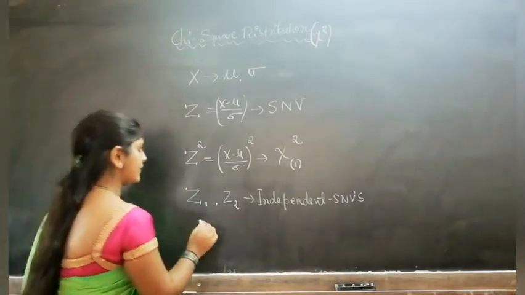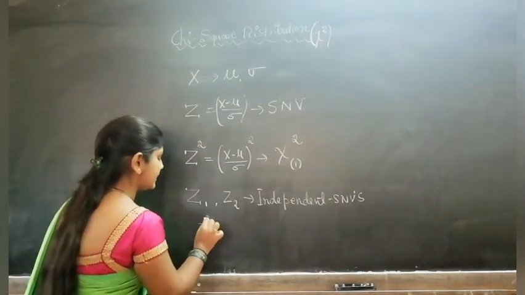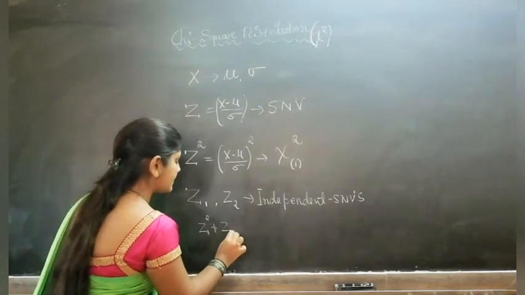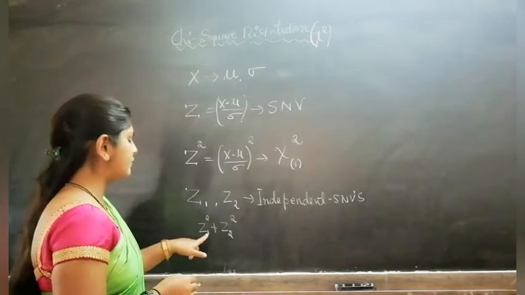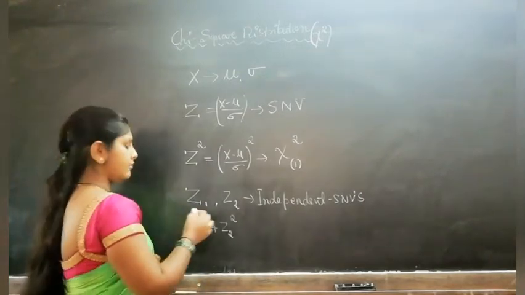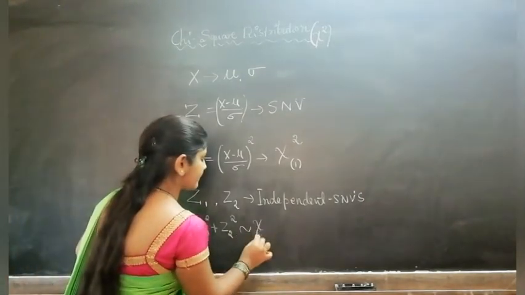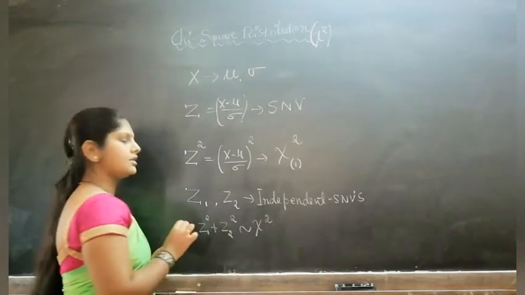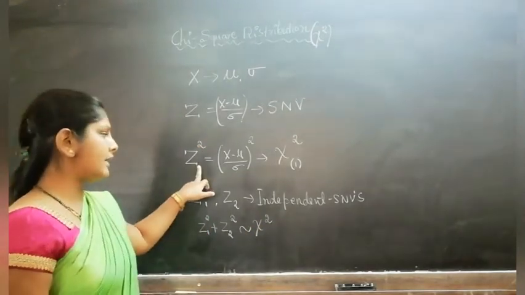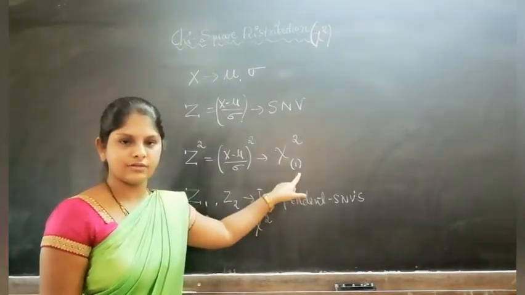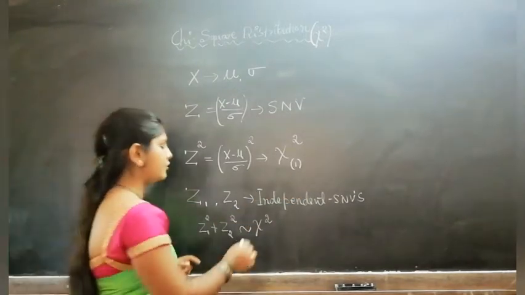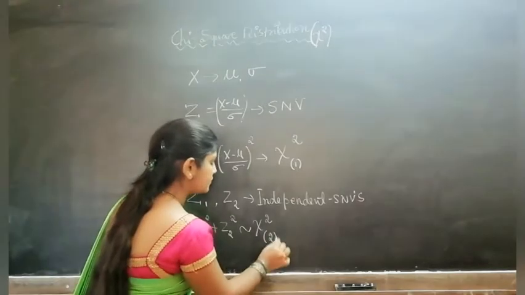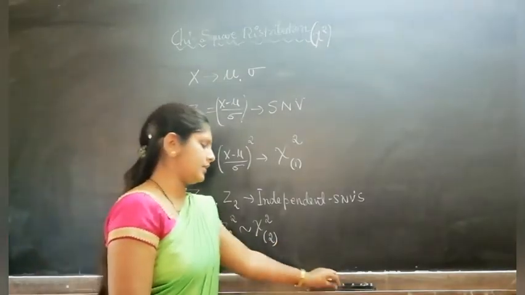Now chi-square is z1 square plus z2 square. The sum of squares of standard normal variates follows the chi-square distribution. Since earlier there was only one variable, it had 1 degree of freedom; since here we have two variables, it follows chi-square with 2 degrees of freedom.